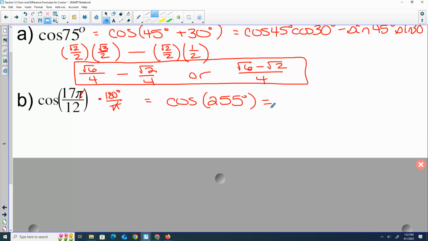Are there any that would add or subtract to give us 255? You can, but you would have to do 270 minus 15 to get 255, and 15 isn't one that we have on our circle. But right idea.